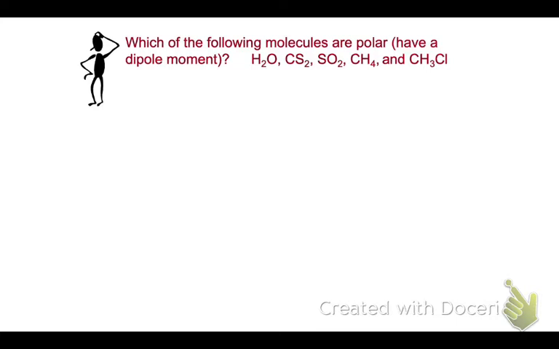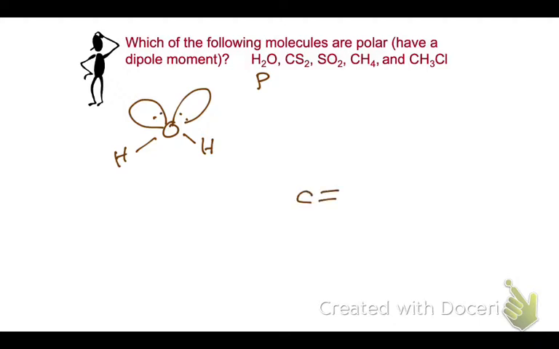Now let's look at these molecules. I want you to pause this video and draw the Lewis structure and the shape to determine the polarity of the molecules. Okay, so water is bent, and we have done water before. The dipoles are all going to be heading towards oxygen, and that will make this molecule polar.